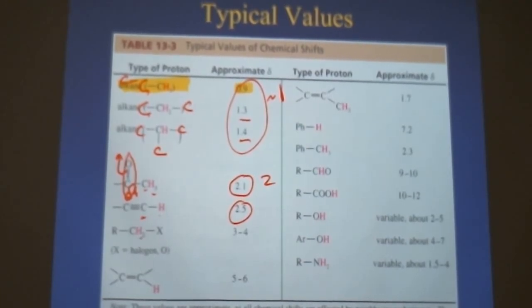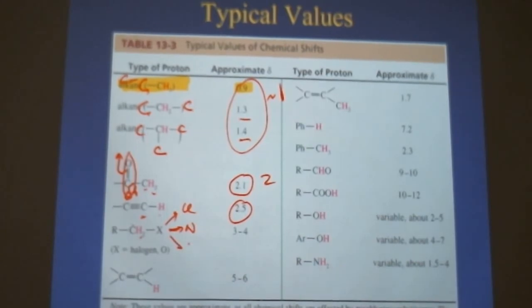A hydrogen attached to an sp3 carbon attached to a heteroatom. Now, this heteroatom could be a halogen, it could be a nitrogen, it could be an oxygen, a bromine, one of those things. Which of these is the most electronegative? The oxygen. So, these hydrogens here would come further downfield if this CH2, let's say, is attached to an oxygen.